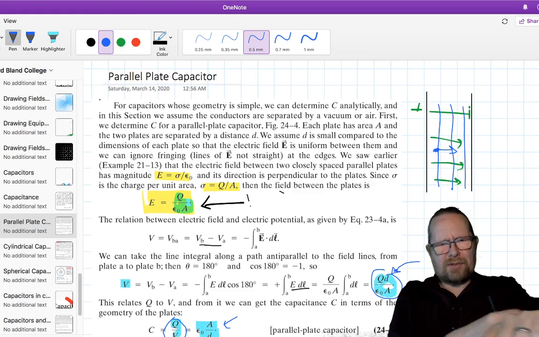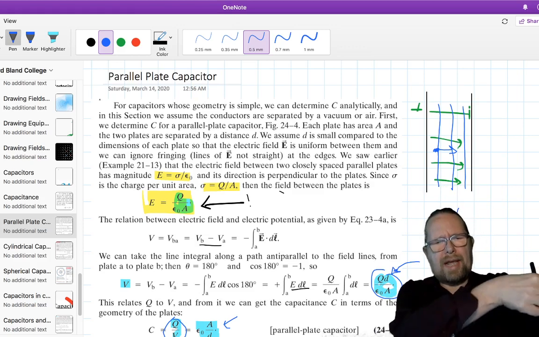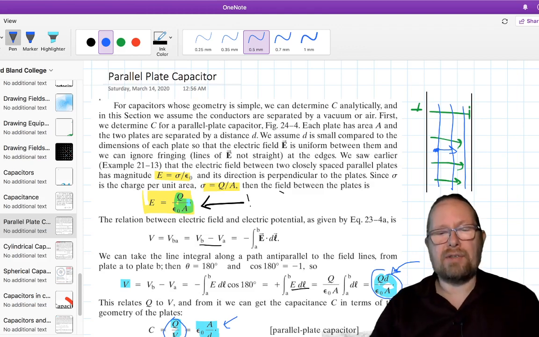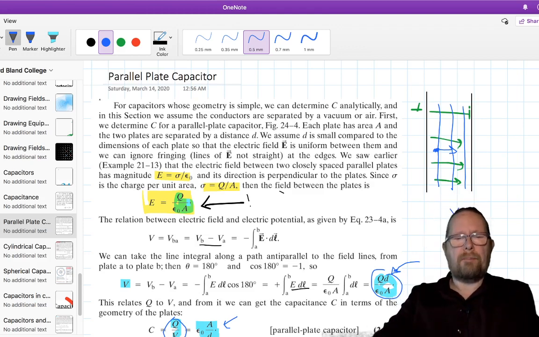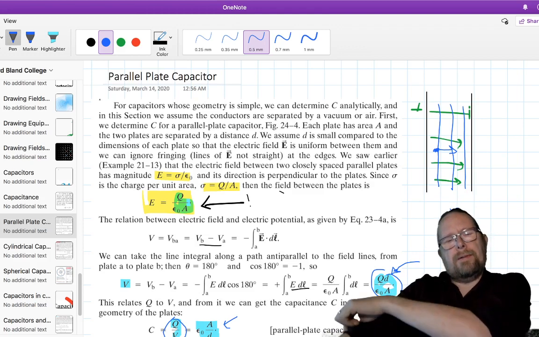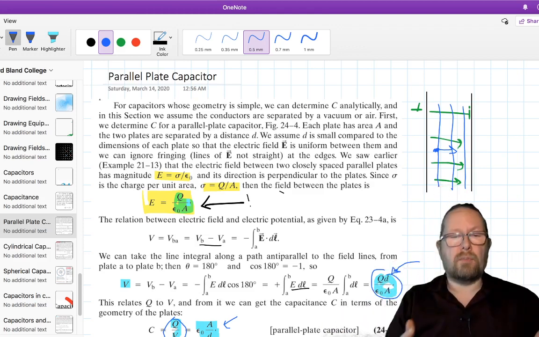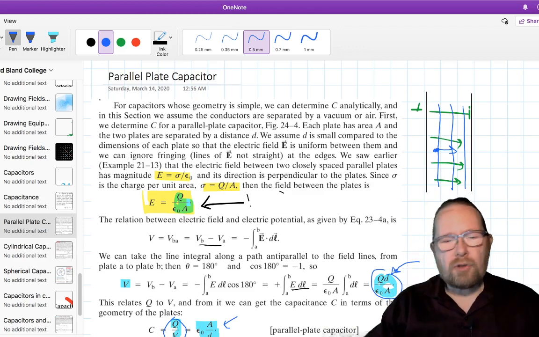Does it make sense? The dependence on A and D, if you think of capacitance as the capacity that this thing has to hold charge, it does make sense. It makes sense that it's proportional to the area, right? The bigger those plates are, the more electrical charge they hold. And it also makes sense that it's inversely proportional to the distance.